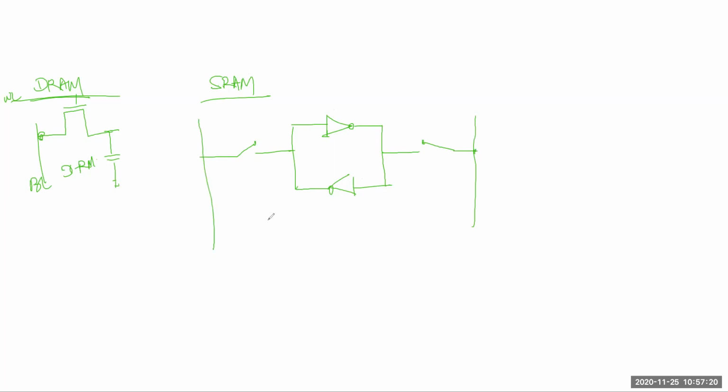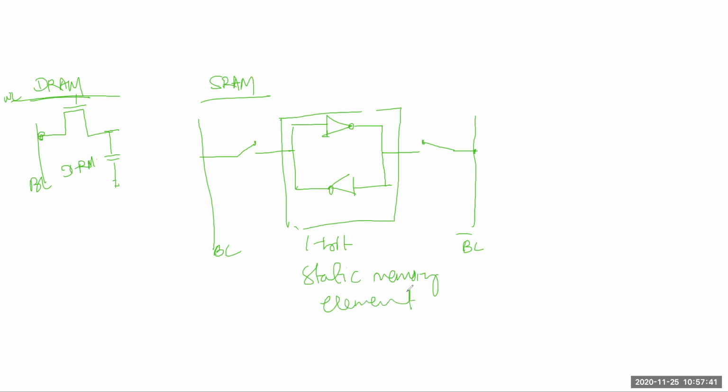So this is your bit line or bit line bar. This part is your static memory element, 1 bit. And this switch and this switch are the access transistors.